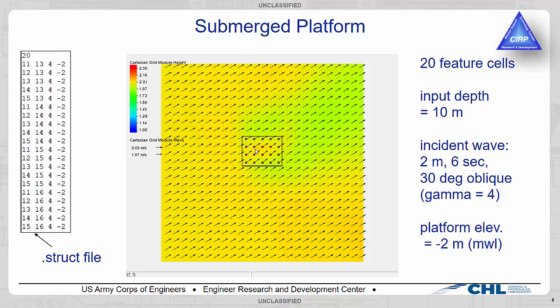If anything, there's a little steepening occurring over top of the platform, and then on the back side you have the reduction, as you would anticipate. Looking at the file, the structure type is the same, and the value assigned for the elevation is now -2. So that's pretty much it.